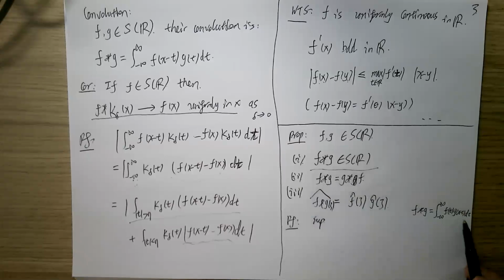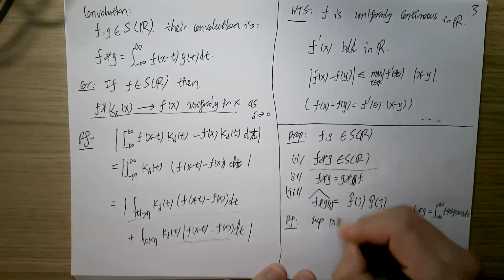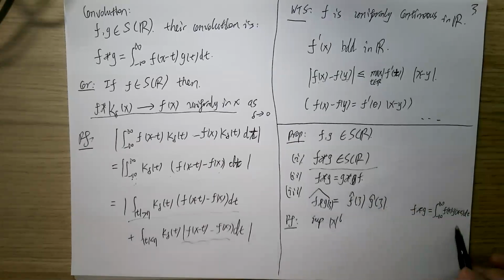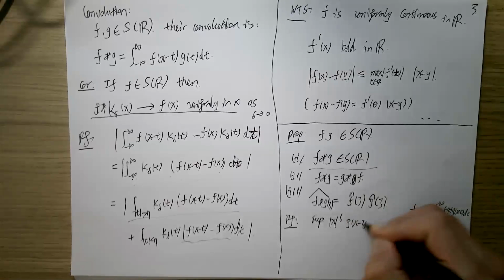And then if you want to show that it actually has some decaying condition, well, this is something a little bit surprising, right? You want to show this new function will also decay as x goes to infinity. Then what you're trying to do is multiply by x to the power l. So you probably want to multiply it with this g, right? x to the power l, g(x minus t).